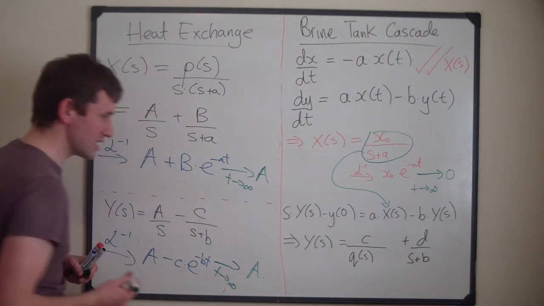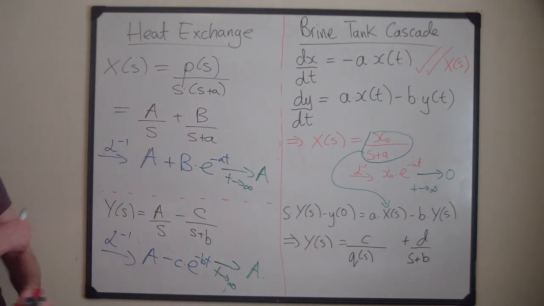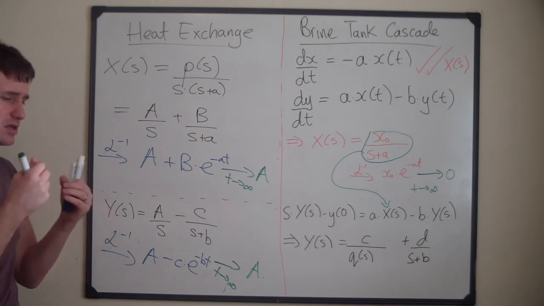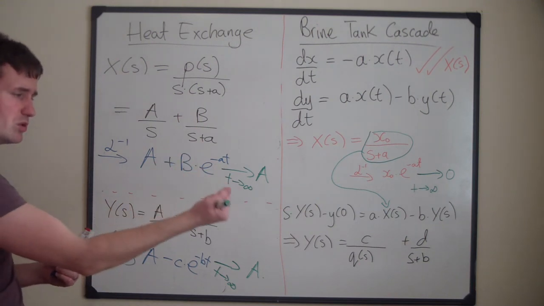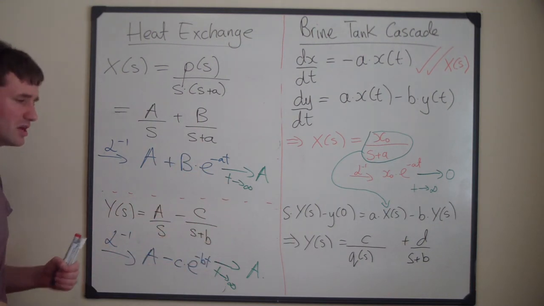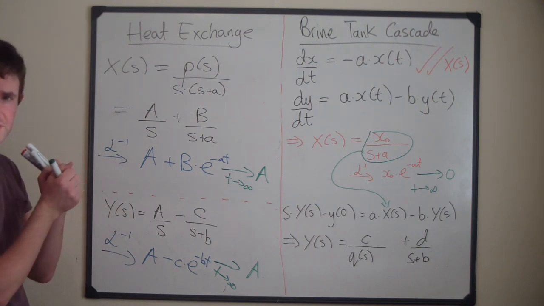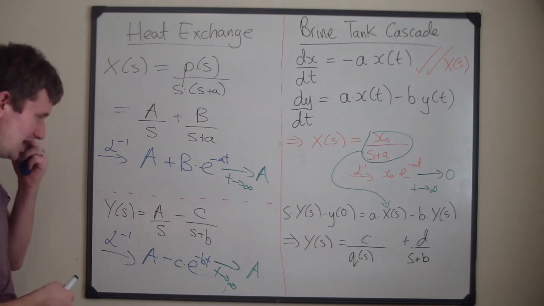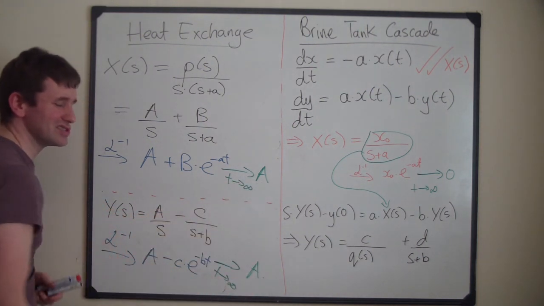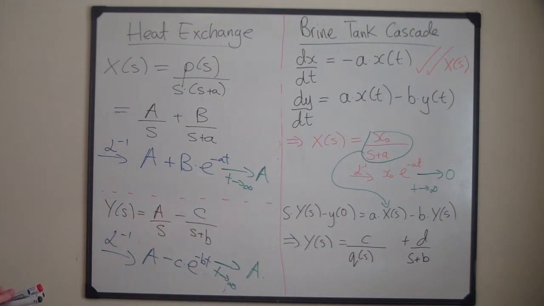What you see, if you look at what this question is all about, is that X is the temperature of one object and Y is the temperature of another. They're in thermal contact, and eventually their temperatures will equalize. This constant A is the temperature that they equalize to.